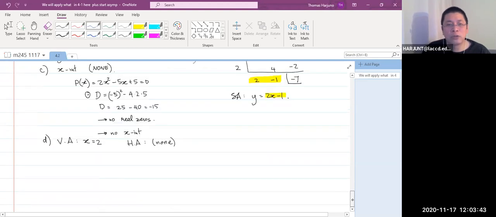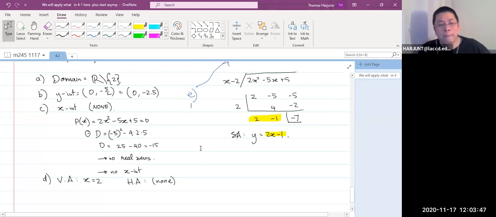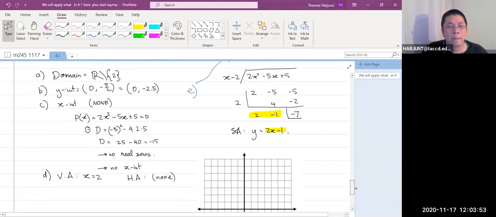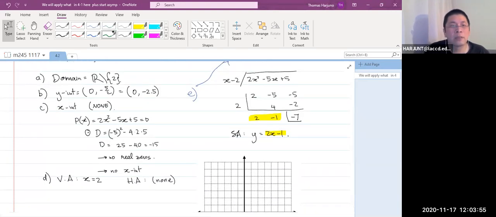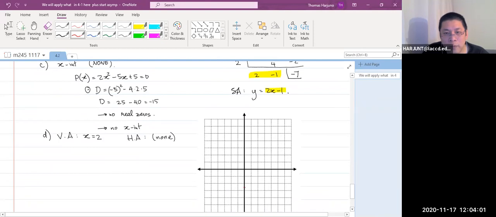Now let's put things together. Y-intercept 0, negative 2.5. No x-intercept.